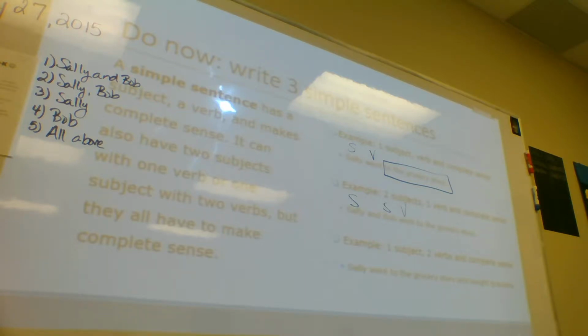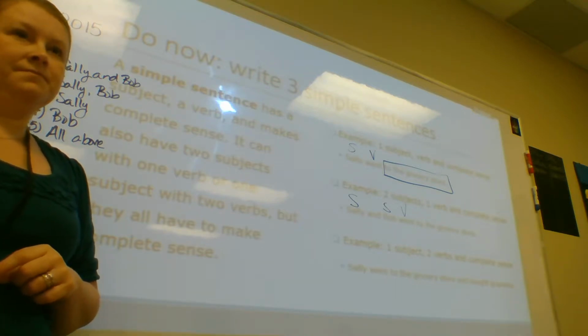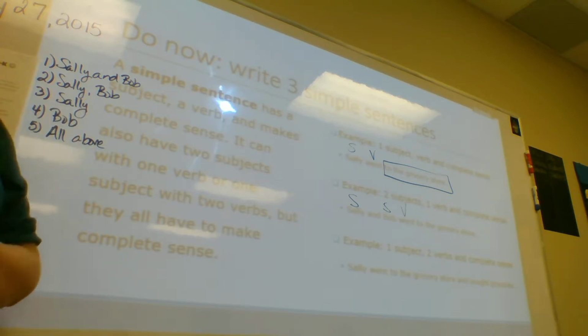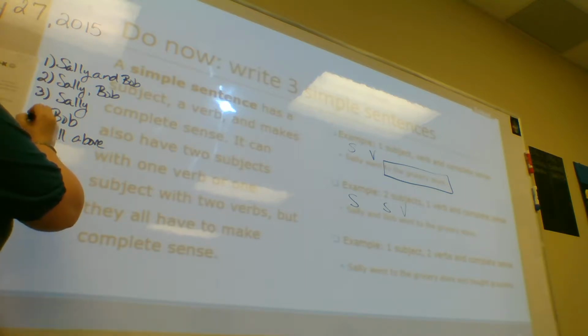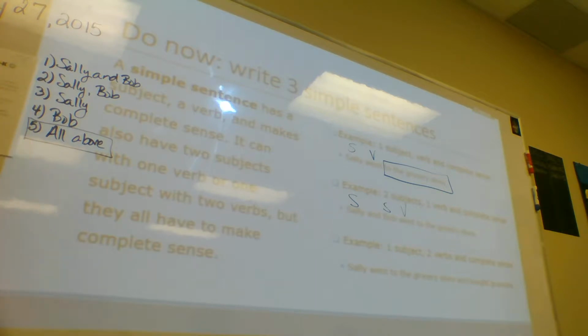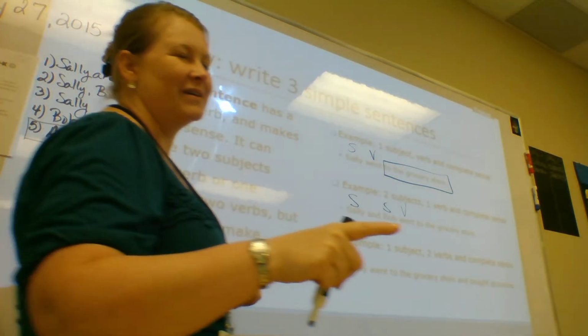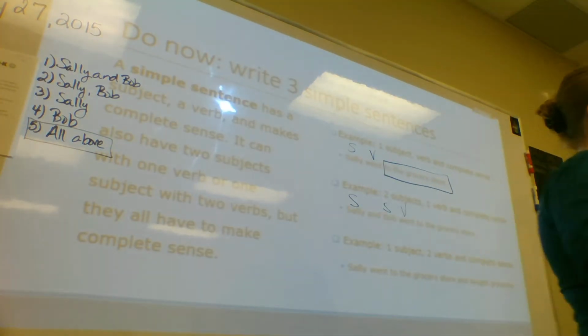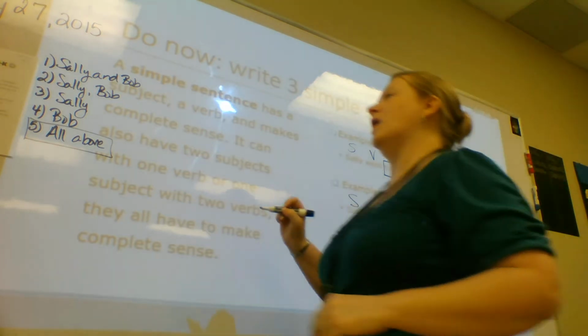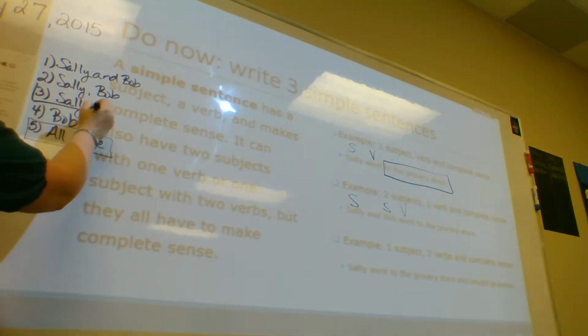Which of these answers can we eliminate as the subject of the sentence? 5. Okay. And why can we eliminate 5? Because they're not all the same. Let's get back to that. Any that we can eliminate right away? 3 and 4. Why 3 and 4? Because they're separate.